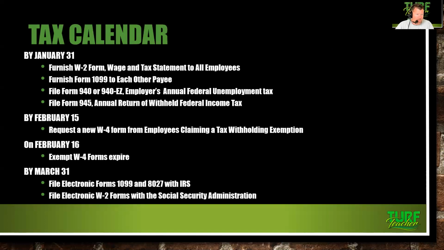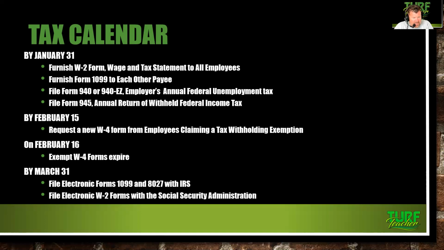Tax calendar. By January 31st, furnish W-2 form, wage and tax statement to all employees. Furnish the 1099 to each other payee. File Form 940 or 940EZ, employer's annual federal unemployment tax, and then file Form 941, annual return of withheld federal tax return. By February 15th, request a new W-4 from employees claiming a tax withholding exemption.